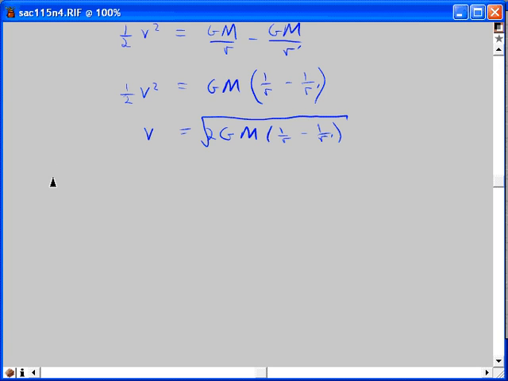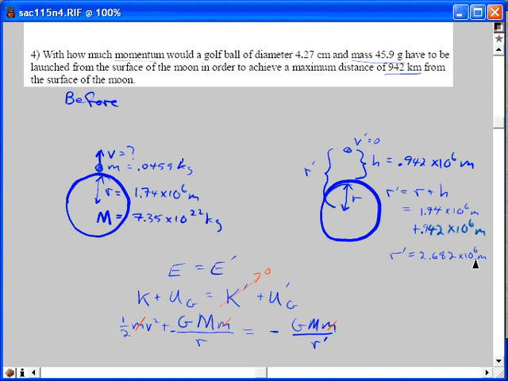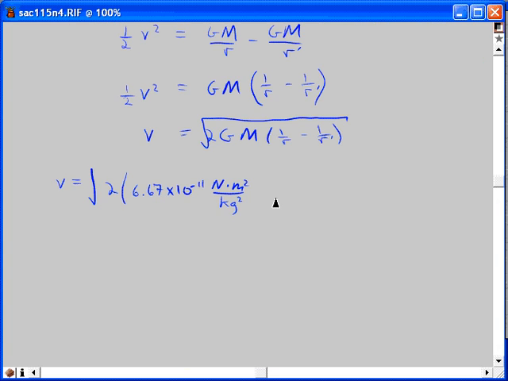So let's plug in values here. v is going to be equal to the square root of 2 times capital G, which is 6.67 times 10 to the minus 11 newton meter squared per kilogram squared, times the mass of the moon, 7.35 times 10 to the 22 kilograms.